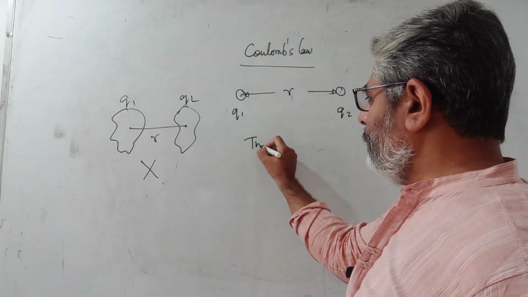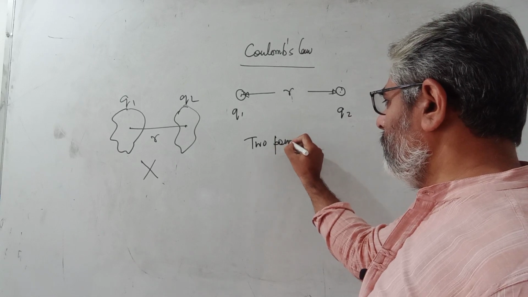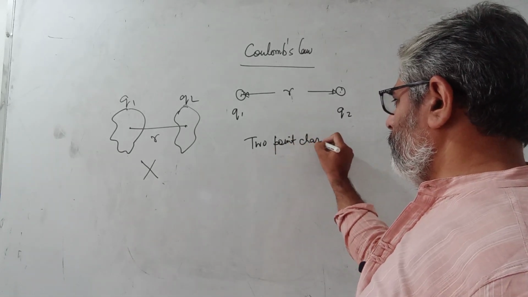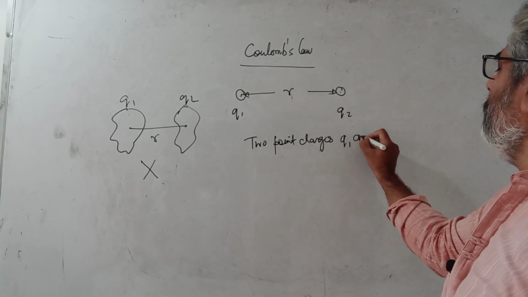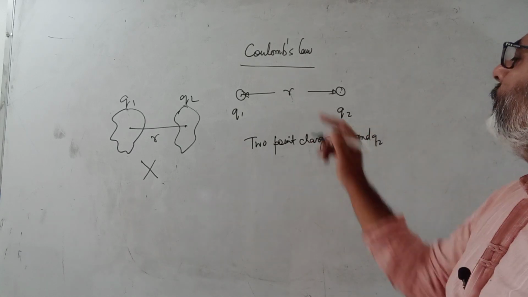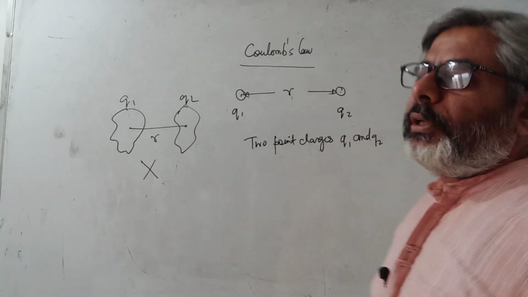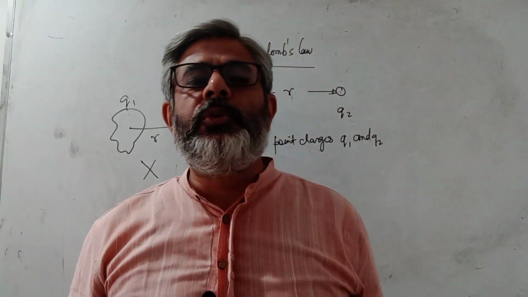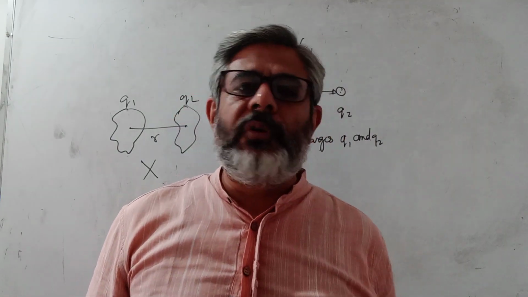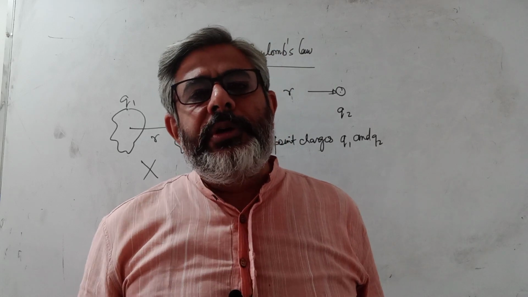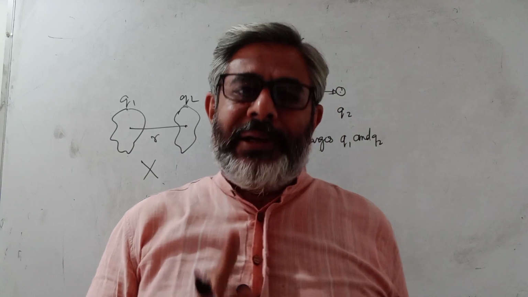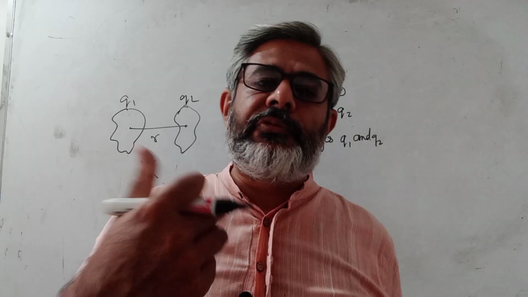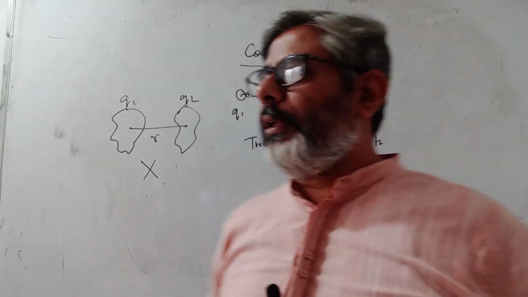So we have considered 2 point charges, and these point charges are Q1 and Q2 as shown in the figure. But we don't know whether Q1 is positive or Q2 is positive or one of them is negative. I already told you that charge is that property of matter by virtue of which it either attracts or repels another charged particle.